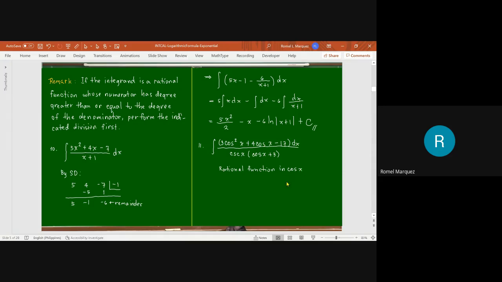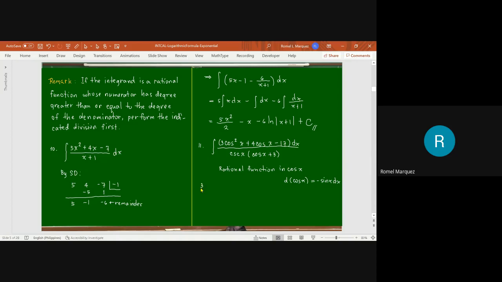The derivative of cosine, or the differential of cosine, is what, children? Negative sine x dx. So the 1 over cosecant, when you bring it up, is sine, so that's the differential. You're going to segregate that. It is not part of the rational function of cosine.